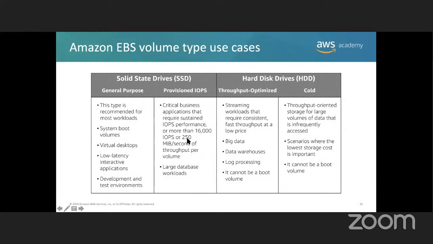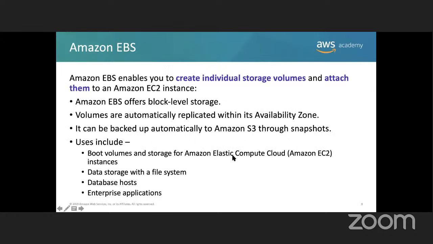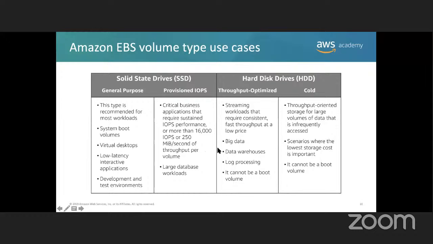And or 200 megabytes per second of throughput per volume. This guy has 1,000 megabytes per second, right? And it does need more than that, and for large database workloads. So of all these guys here, the most expensive one is provisioning IOPS, okay? That's the one that is for high-end critical business applications.